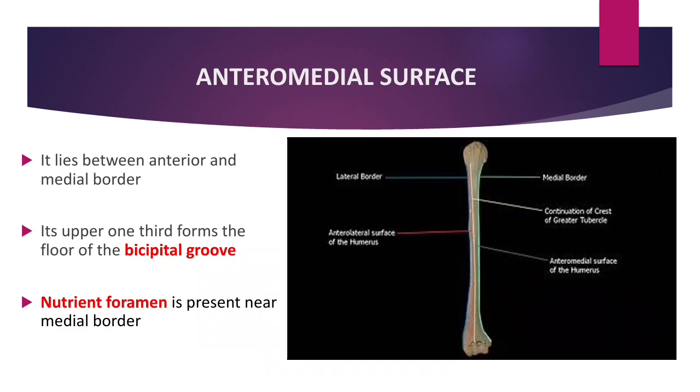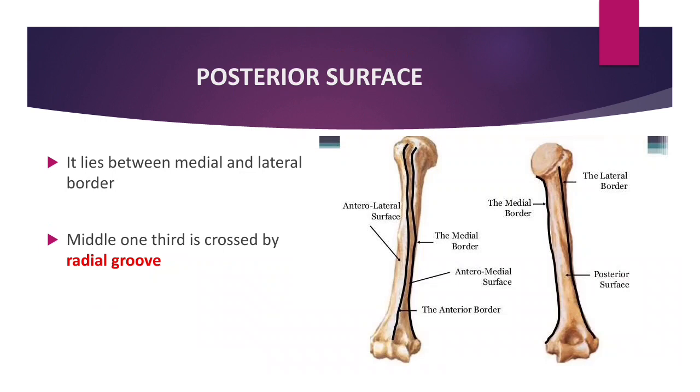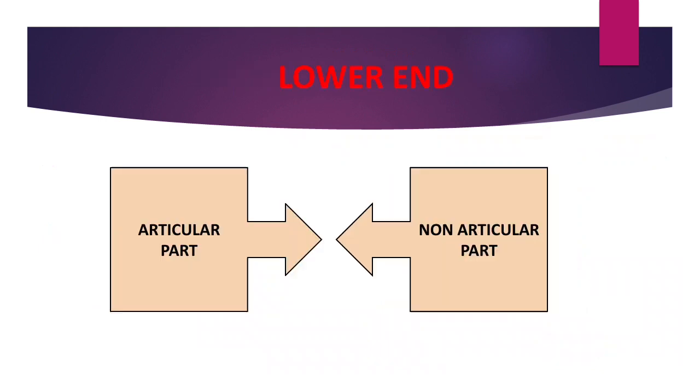Anteromedial surface lies between anterior and medial border. Its upper one third forms the floor of the bicipital groove. Nutrient foramen is present near the medial border. Coming to the last surface, that is posterior surface, it lies between medial and lateral border. Middle one third is crossed by radial groove.